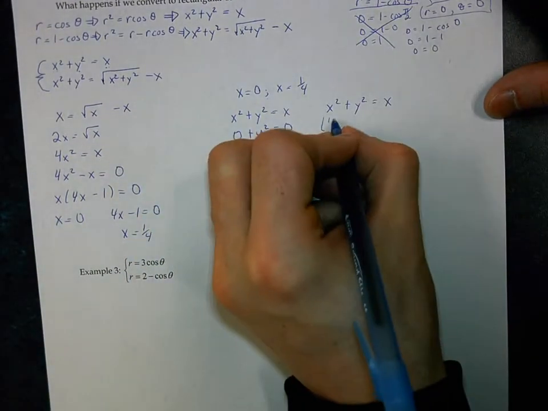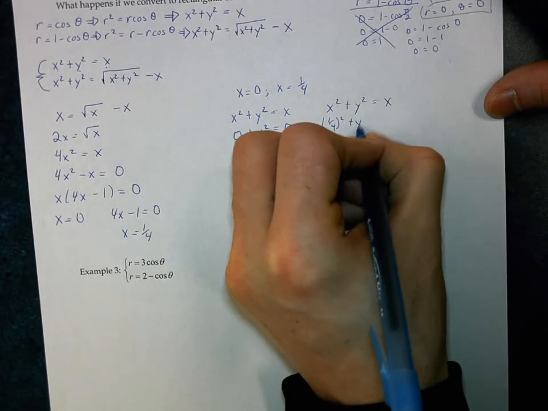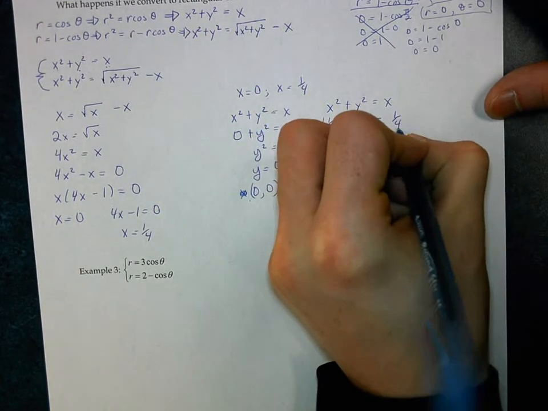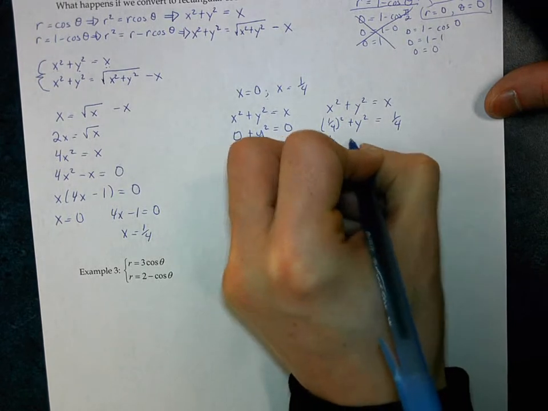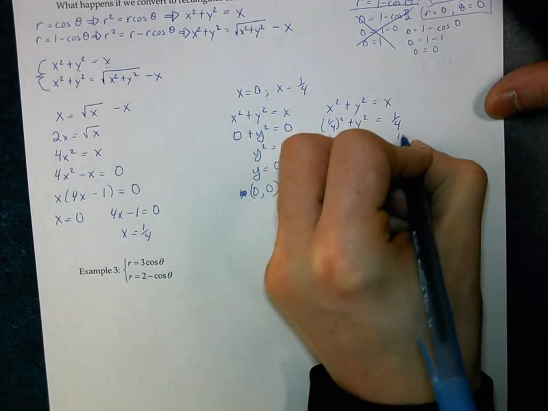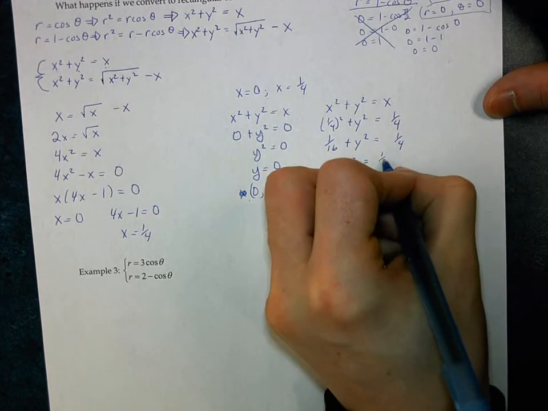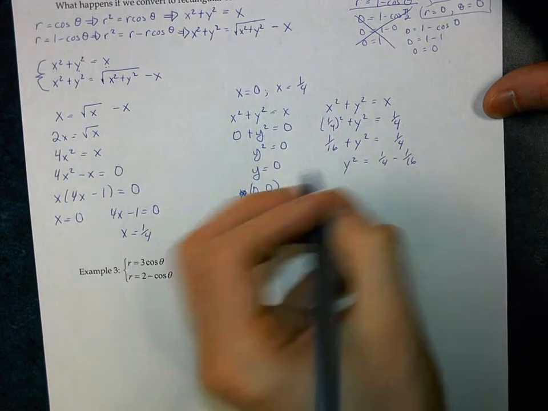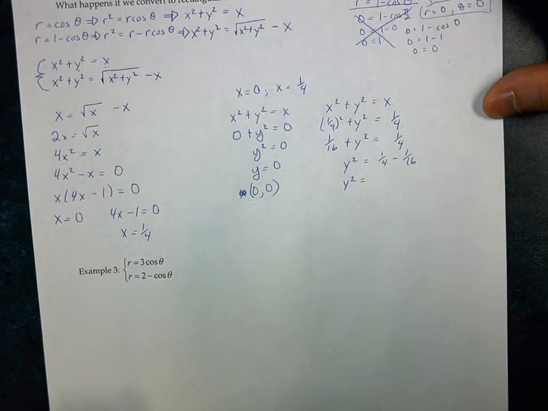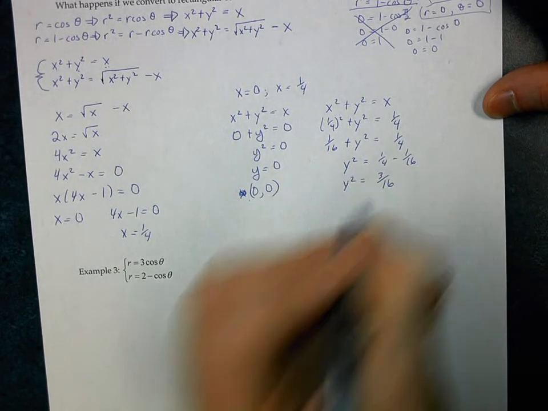Let's go with the other one. If I plug in 1/4 quantity squared plus y squared is equal to 1/4. 1/4 squared is 1/16. We'll subtract the 1/16 to the other side. So then y squared is equal to 3/16.